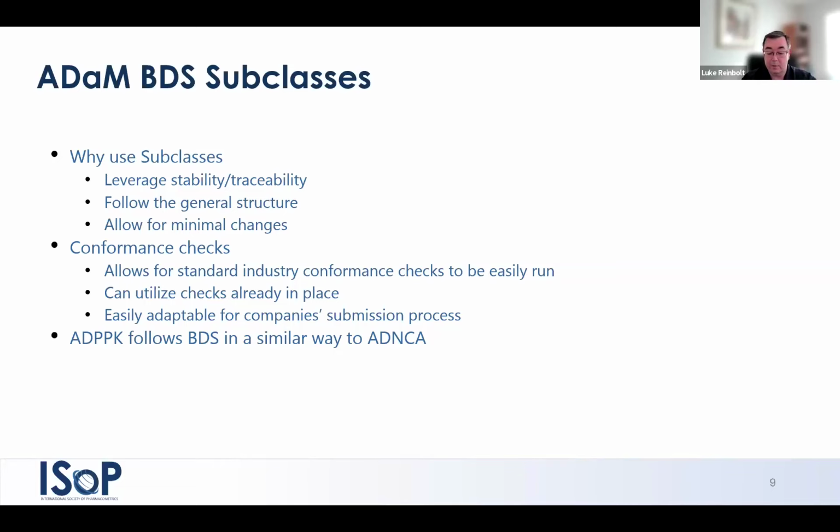There are commercially available conformance check software packages that can determine if your data contains any issues that may need to be addressed before you submit them. This ensures the integrity of the dataset that is used for analysis and prepared for submission. By fitting into a BDS-like structure, each vendor can easily add the ADPPK subclass to its established submission process by utilizing the checks that are already in place.